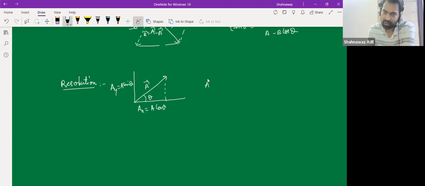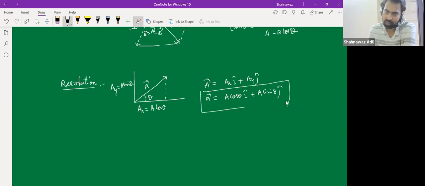Then I can write my vector as ax i and ay j, so this would be a cos theta i plus a sin theta j. That is how we resolve the vector which was in polar form; we have reduced it to the Cartesian. This was about the resolution of it.